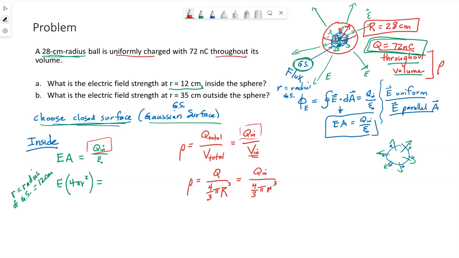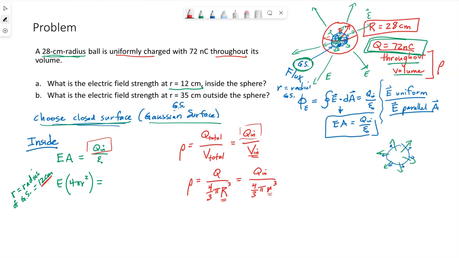So I'm dividing by Vn, meaning the volume within my Gaussian surface, my closed surface I chose to draw, which is another sphere. It just has a different radius. It has that radius of 12 centimeters. So I'm using capital R to represent the radius of the actual charged sphere, and lowercase r to represent the radius of my Gaussian surface.